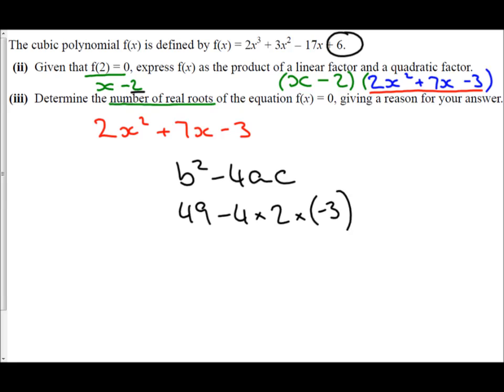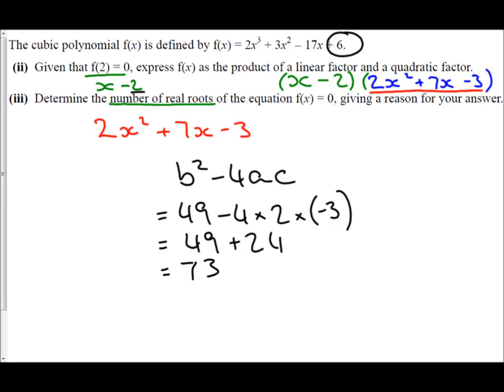As always, being extra careful if you see a minus sign, I would always substitute it in brackets. We get 49, well my minus is going to become a plus, so we get 4 times 2 times 3 is plus 24. So my discriminant is equal to 73.